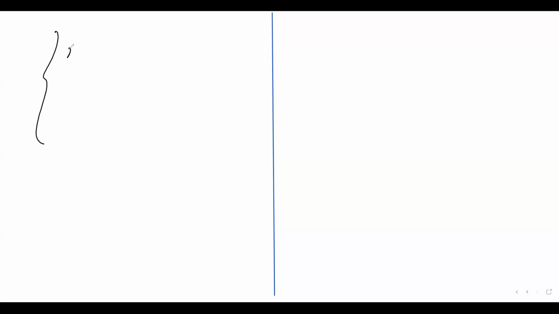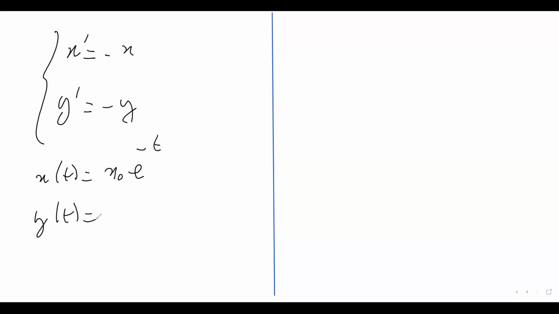All right, so let's consider this system. You have that x of t equals x0 exponential minus t, and y of t equals y0 exponential minus t.